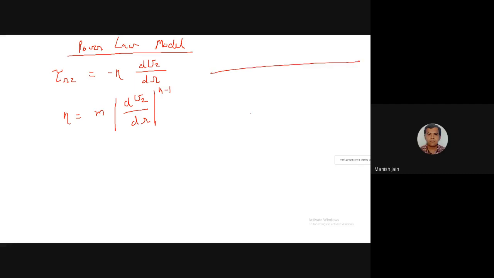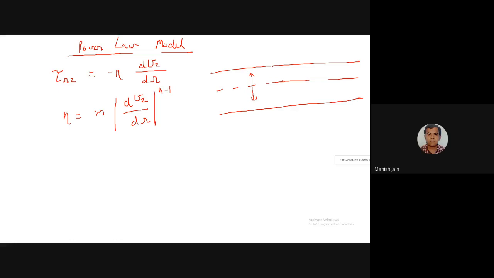Okay, now we can check whether this dvz by dr is positive or negative. When you move in the positive direction of r, in this cylindrical coordinate system, the velocity is decreasing. The velocity is highest at the middle point and 0 at the solid wall.